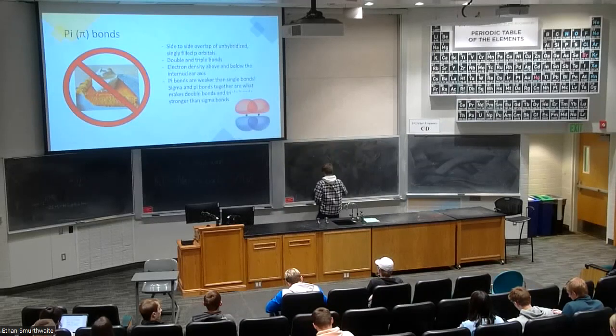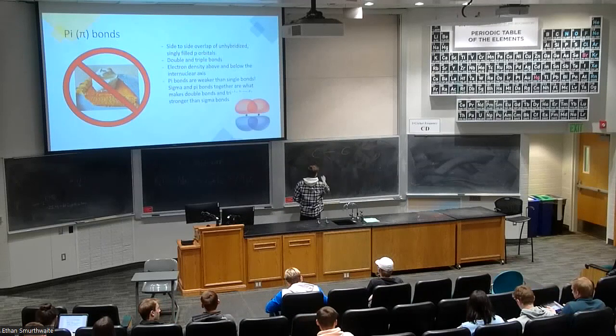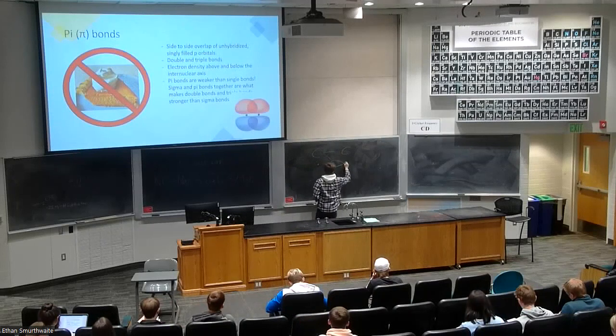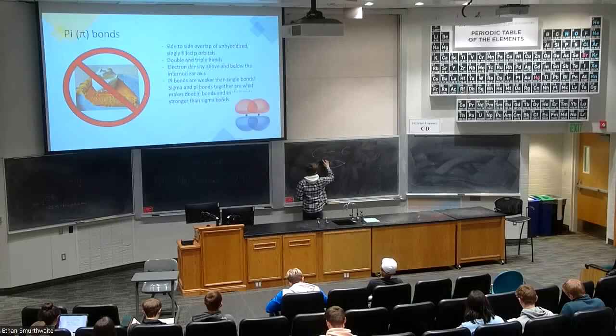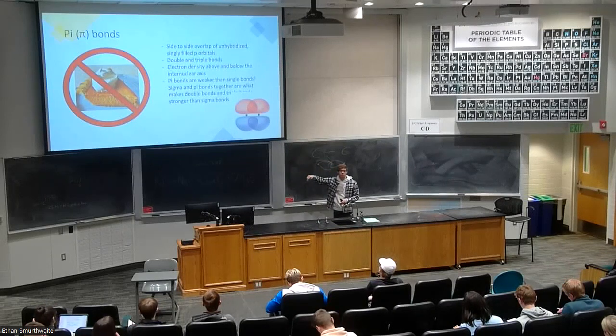Great law, but we're done with it. So sigma bonds, C single bonded to C. It's an overlap of orbitals, right? This is the sigma bond right here, and it's along the internuclear axis. Whereas pi orbitals, you can see here, are above and below the internuclear axis.